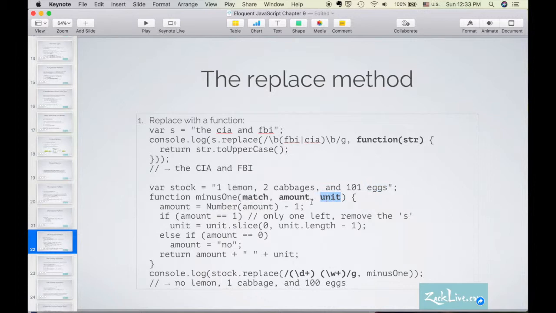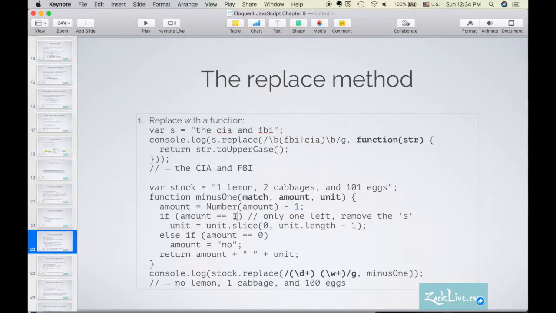Okay, and so the whole match, the first matching group, the second matching group, and you can also put the third and the fourth, the fifth, and so on. And within the function, we reduce the amount by 1. So after the reduction, if the amount equals 1, that means there was an S at the end of the original unit, because it equals 1 after the reduction.